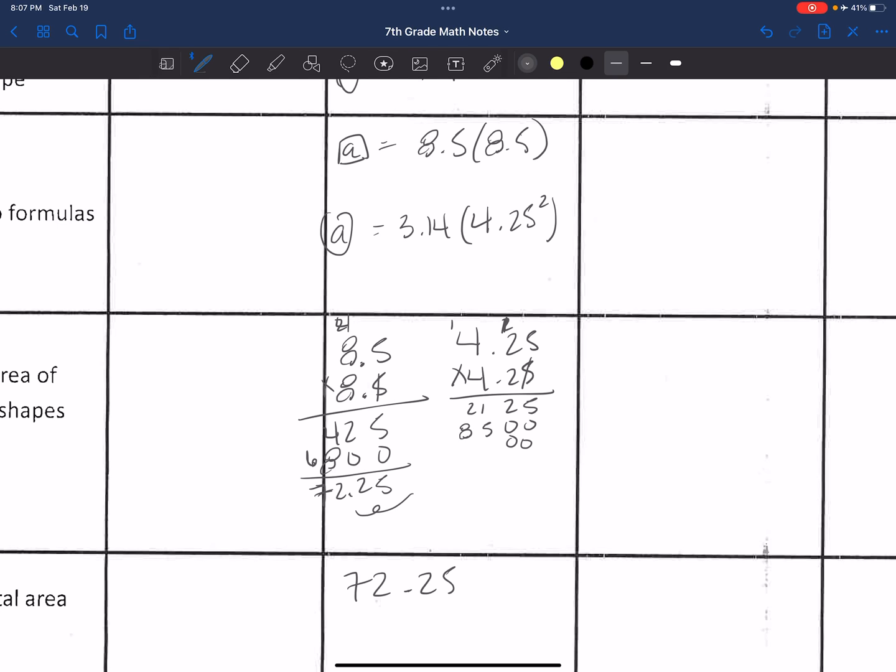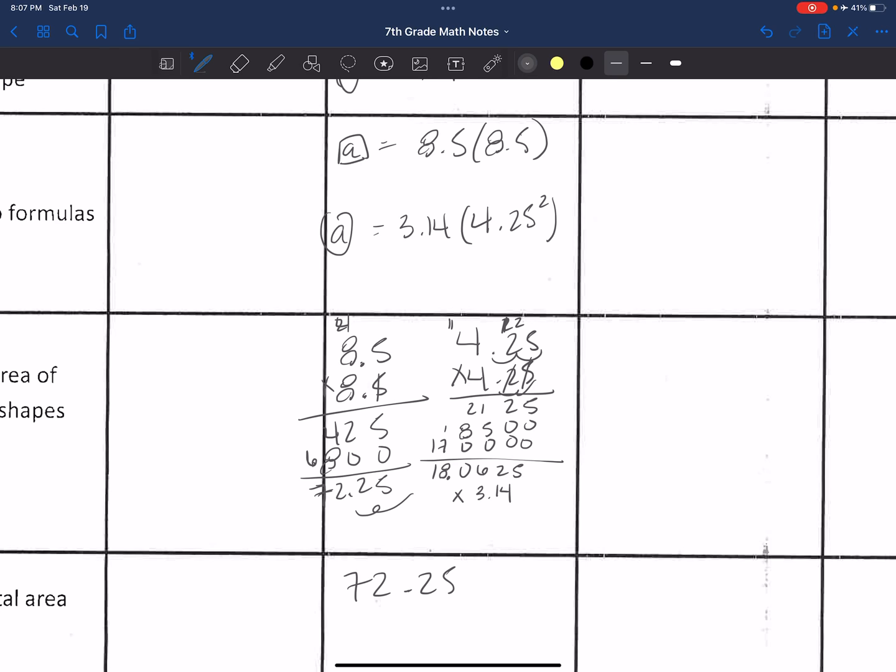Now I have 2 placeholders, multiplying into the third column. 5 times 4 is 20, carry the 2. 2 times 4 is 8, plus 2 is 10, carry the 1. 4 times 4 is 16, plus 1 is 17. And then I'm going in 4 times, so 18.0625.